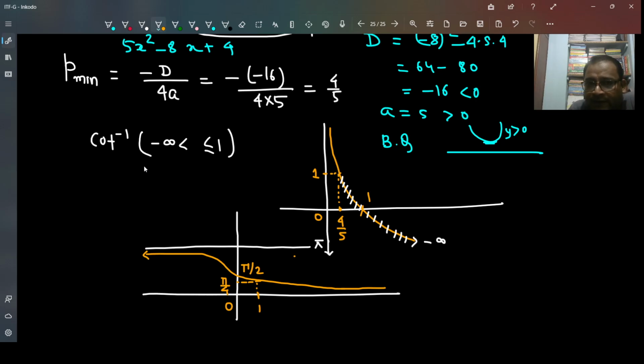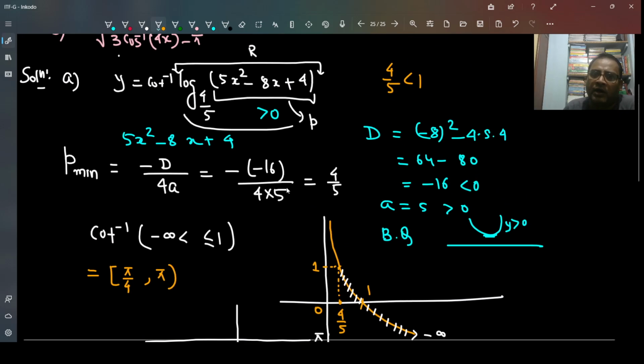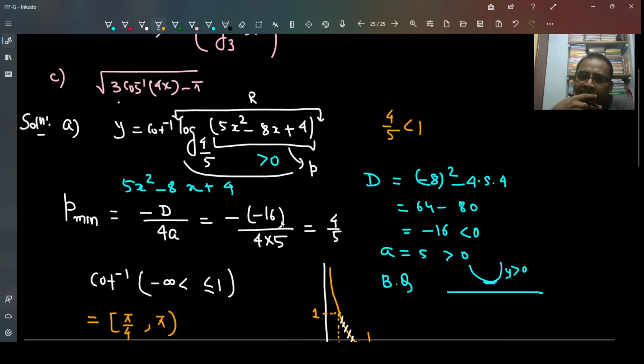So lesser input, then greater output. So what we see is that at the point 1 it gives pi by 4, and at minus infinity it will give you pi. So it will be pi by 4, which is closed, but pi is open. So this is the range of this function. I hope this problem is clear to everyone.